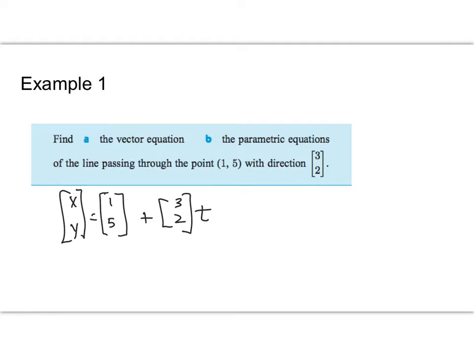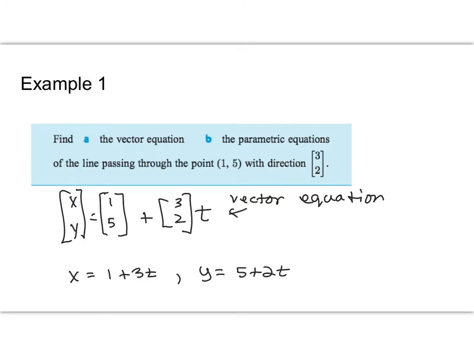And that's my vector equation. Okay, so the parametric equation is just x equals 1 plus 3t and y equals 5 plus 2t. It's as simple as that.